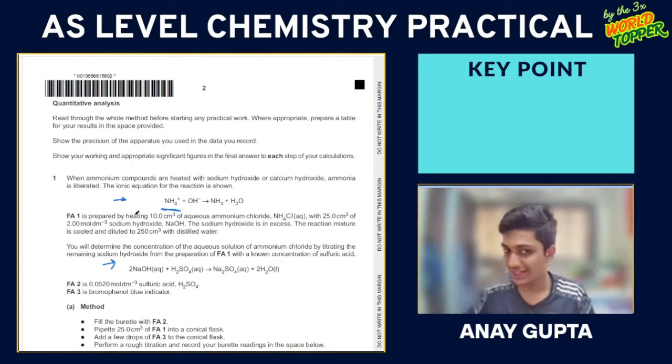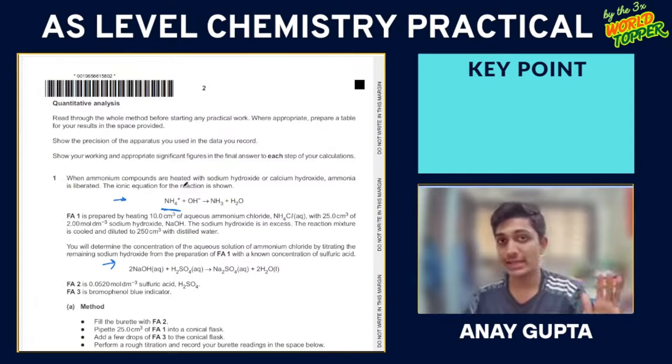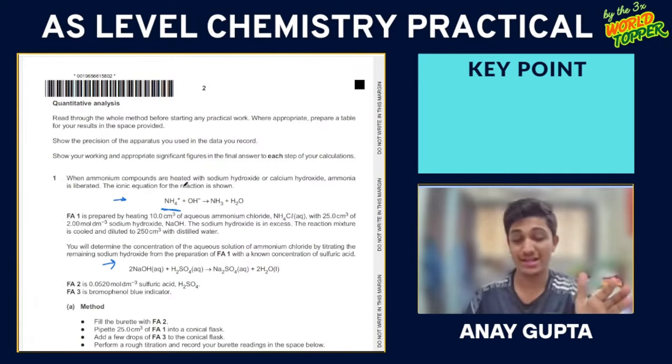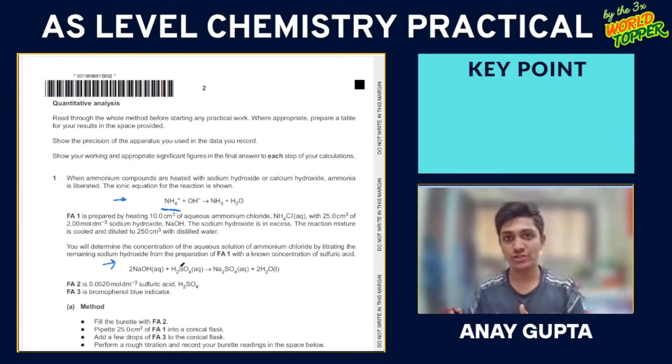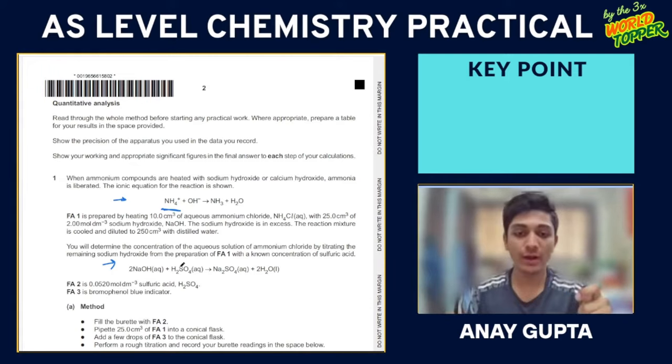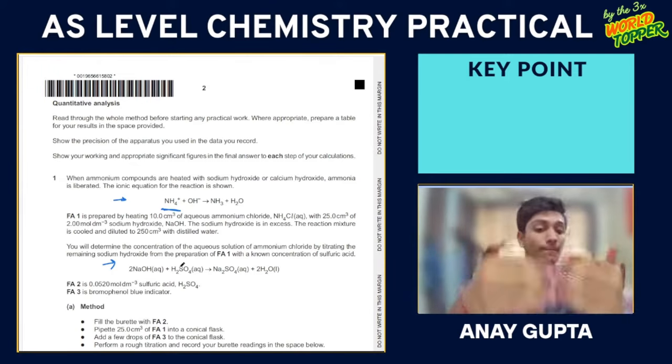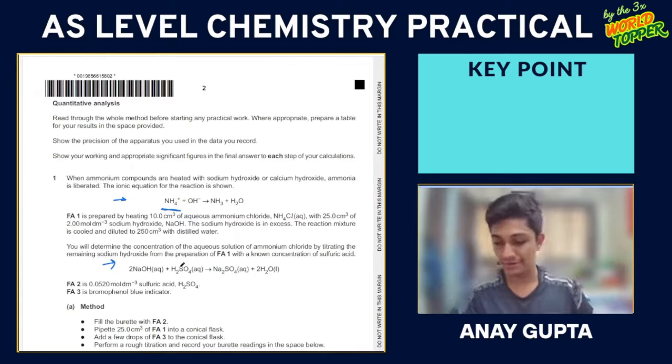So we have been given some figures over here. Some of the OH minus ions will react with the ammonium ions, the NH4 plus ions, and the remaining ions will react with our H2SO4 or the hydrogen ions. Okay, so we need to find out how many reacted first before we could add Fa2.